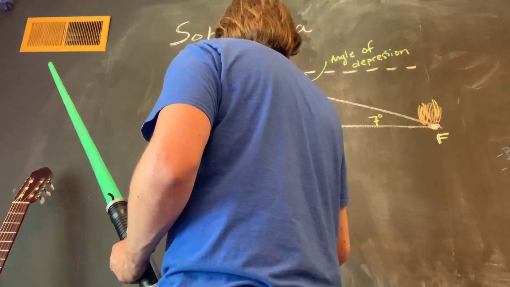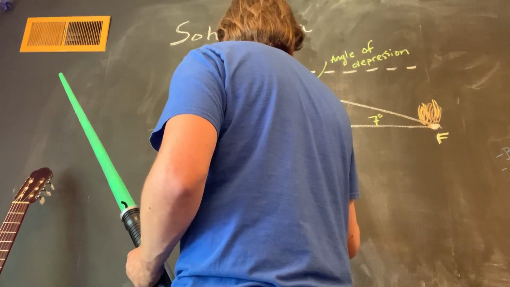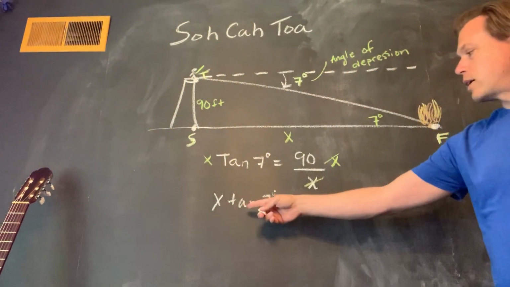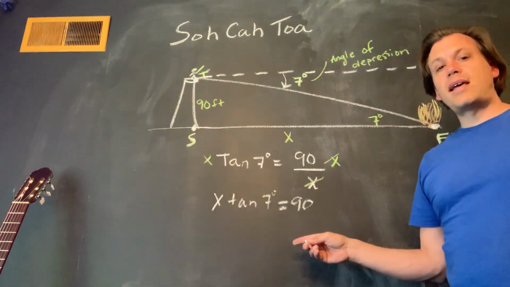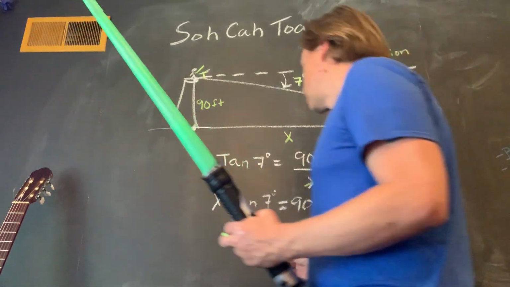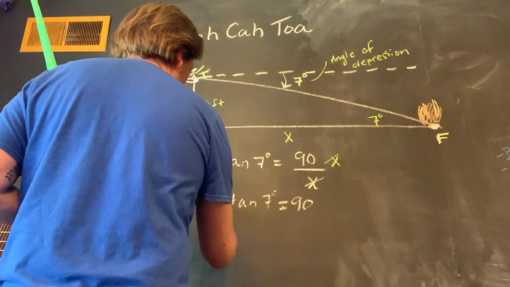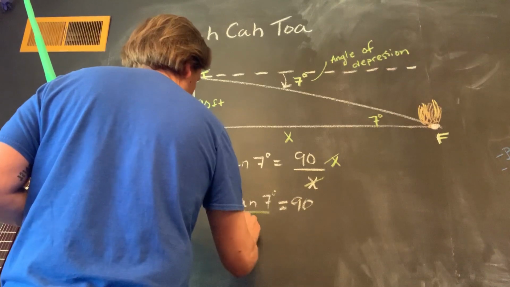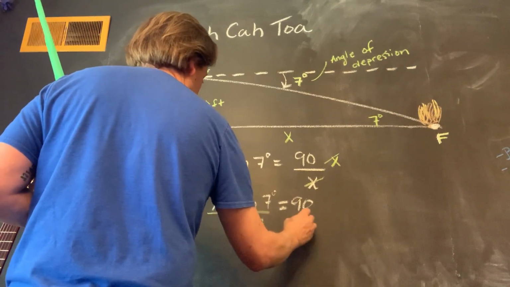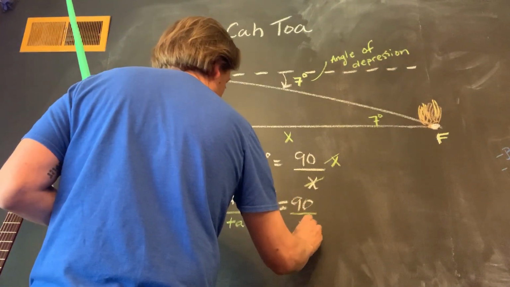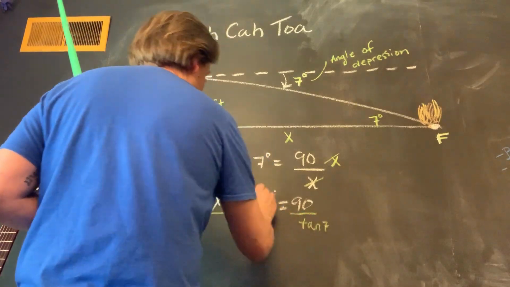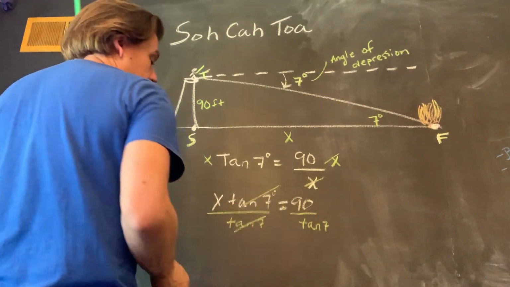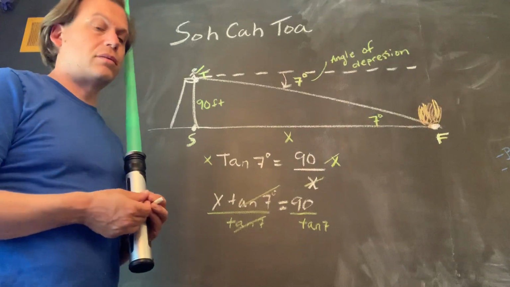So then I can divide both sides by the tangent of 7. Do that. And these cancel so that you have x by itself.